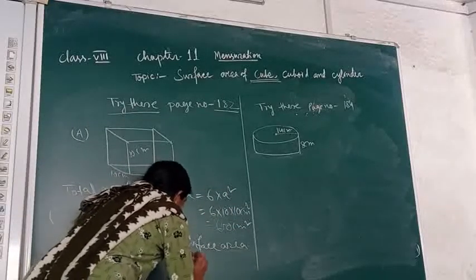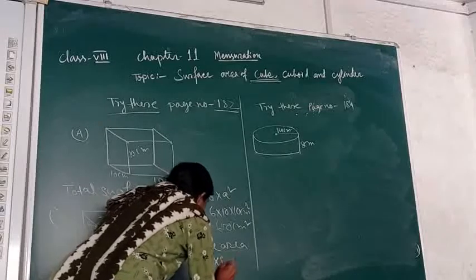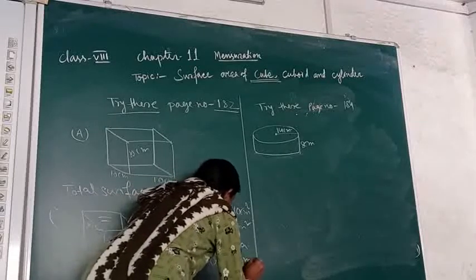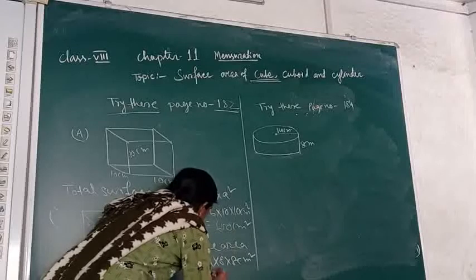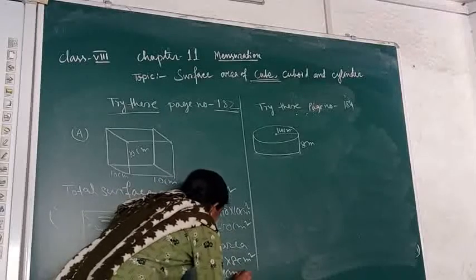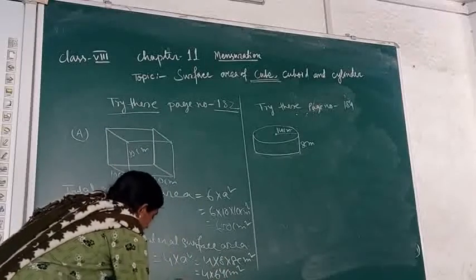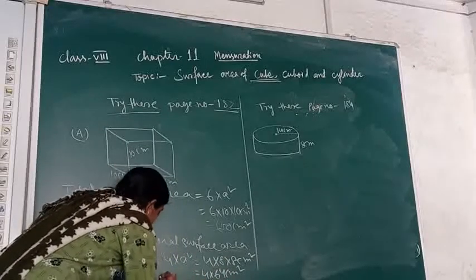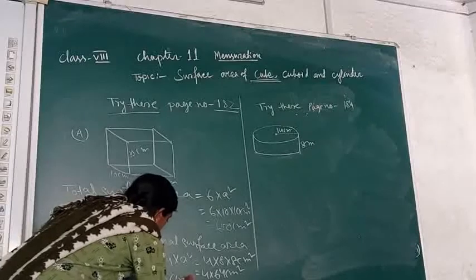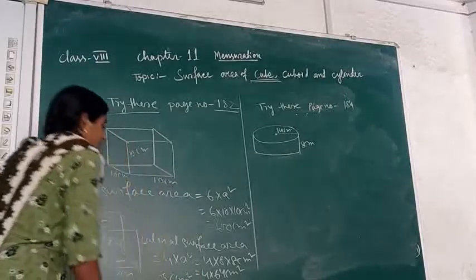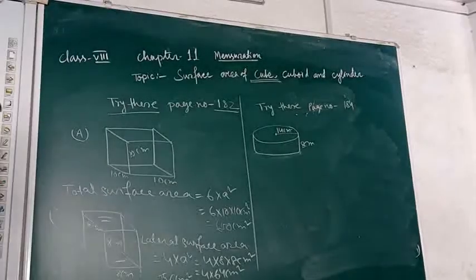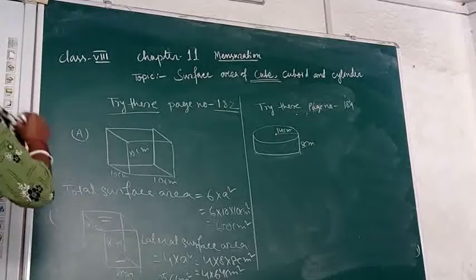So 4a square means 4 into 8 into 8, that much centimeter square, or 4 into 64 centimeter square, or we can write 4 4s are 16, 4 6s are 24, plus 1 is 25. So 256 centimeter square. This is not the total surface area, only the lateral surface area you have been asked in this one.